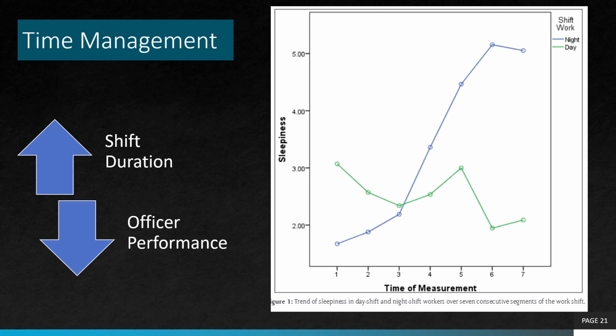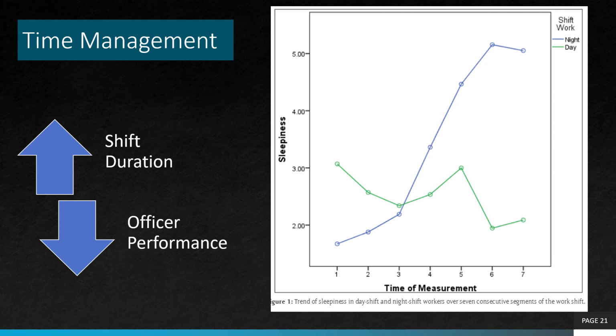And when the sun rises, the opposite happens. And the body releases chemicals that tell us, hey, it's time to wake up. Let's go do things. So the degree of tiredness and sleepiness over time during night shift is represented by this illustration. So one of the time management considerations is the shift duration and the officer performance are always in competition of each other.